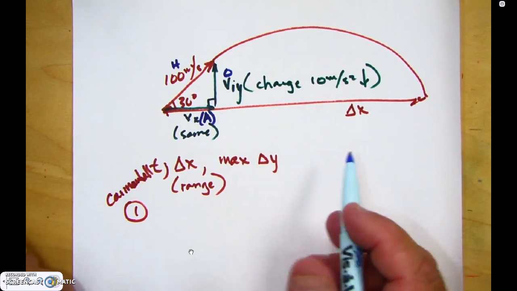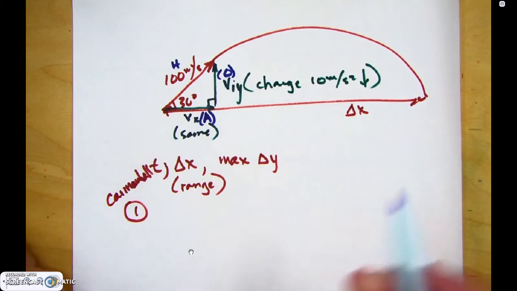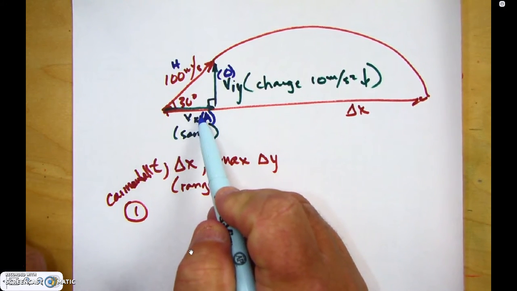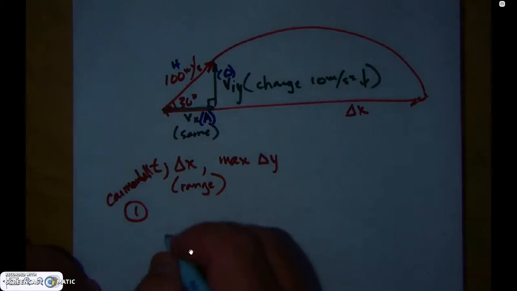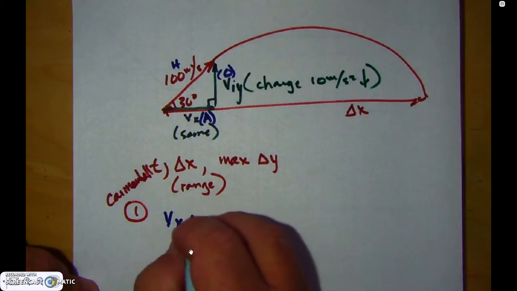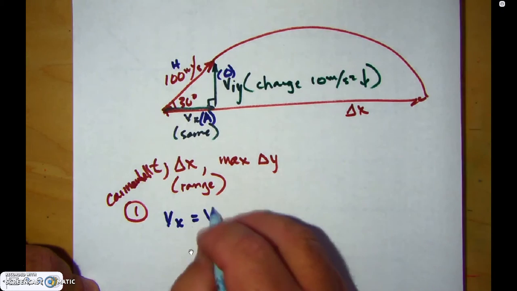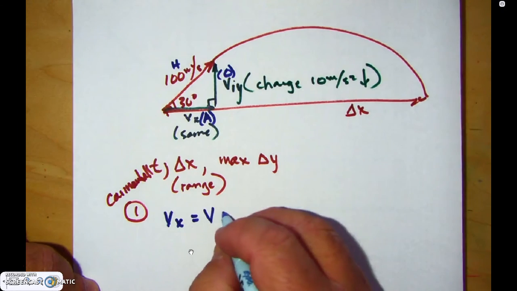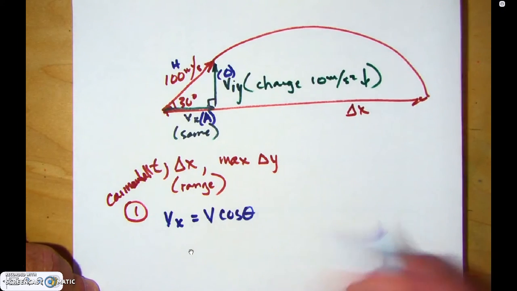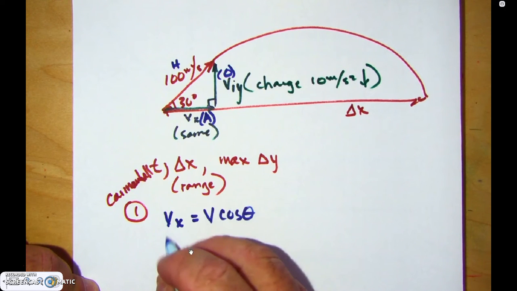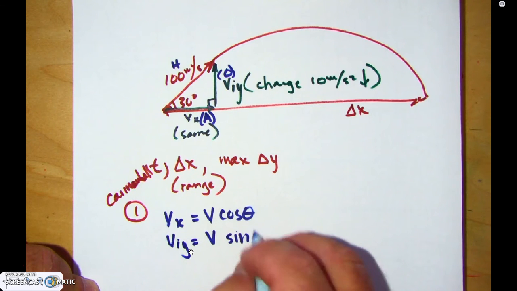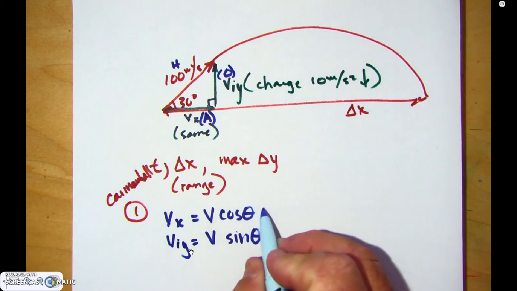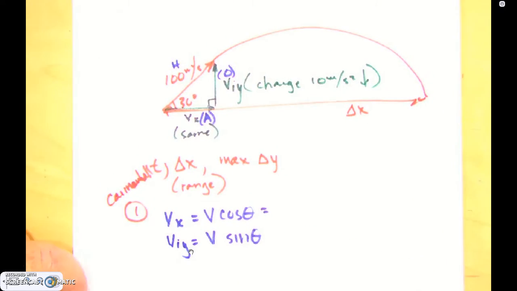If you do this enough, you will eventually realize that adjacent is cosine and opposite is sine. So I'm going to say Vx is equal to V total times the cosine of theta. That's a general equation. And Viy is equal to V times the sine of theta. So those are the two things that we can do.